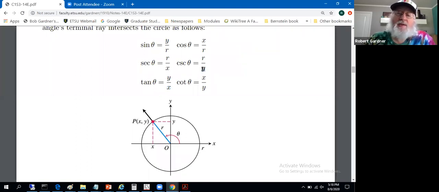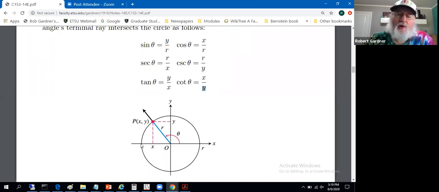We've got y in the denominator of these two, okay? Then these two, cosecant and cotangent, will not be defined for certain angles, those which have a point on the circle of radius r where the y coordinate is 0. That happens at this point, for example, and this point over here. Here we're looking at r comma 0, x, y.